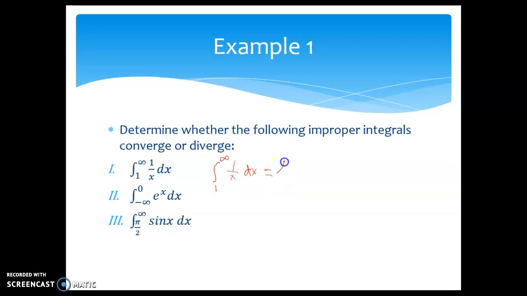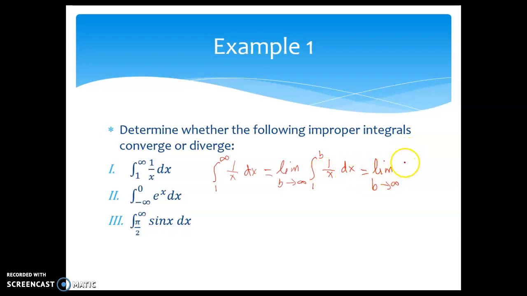So I'm going to say limit as b goes to positive infinity. So my limit now is going to be from 1 to b. I'm going to integrate the same function 1 over x dx.